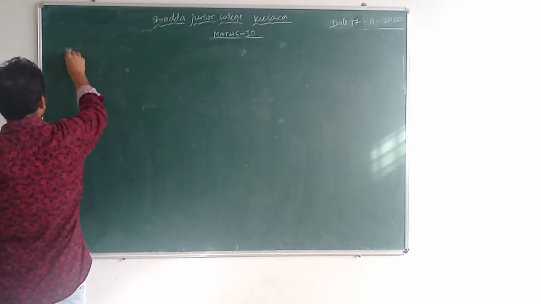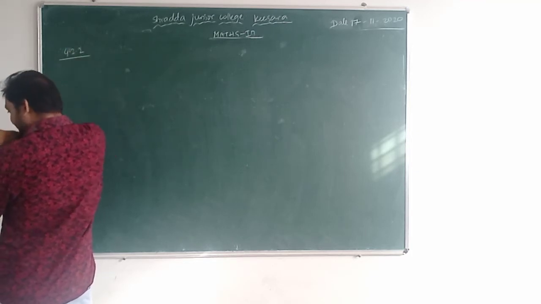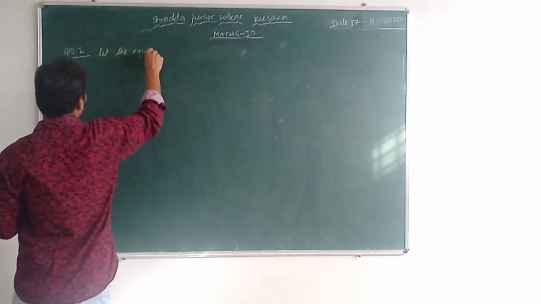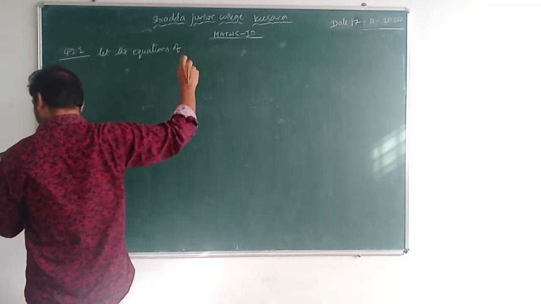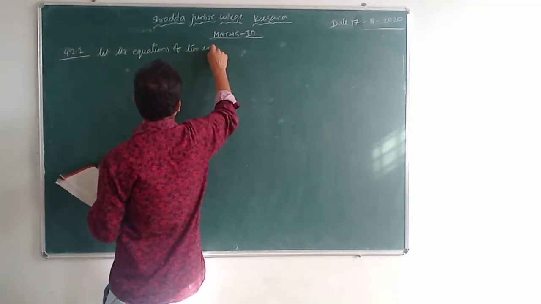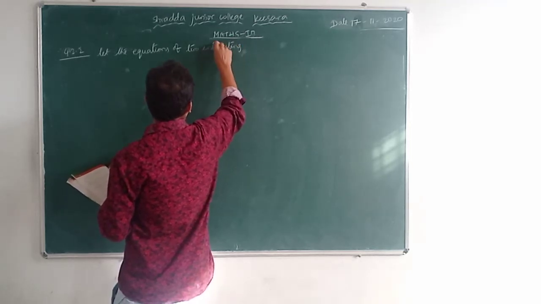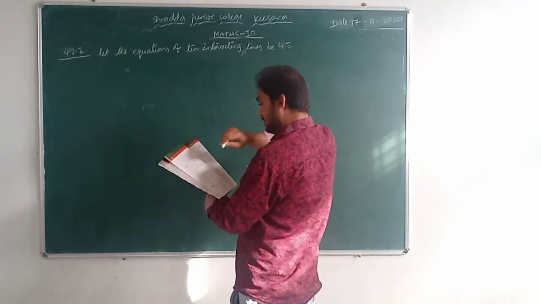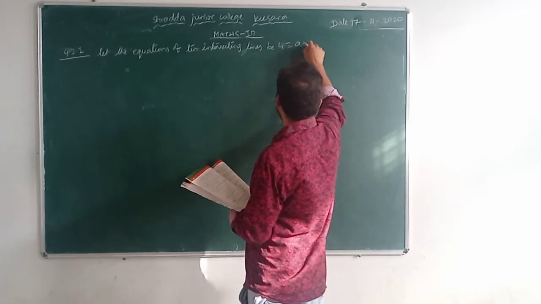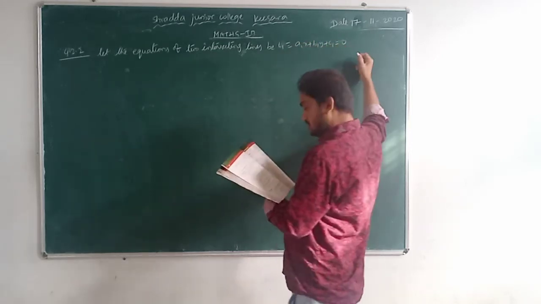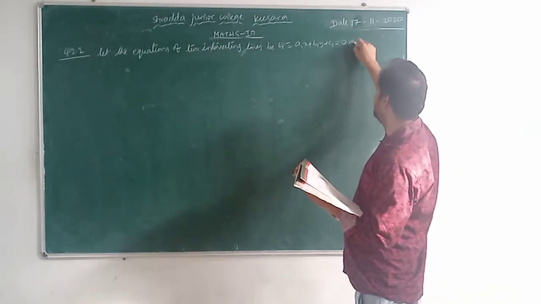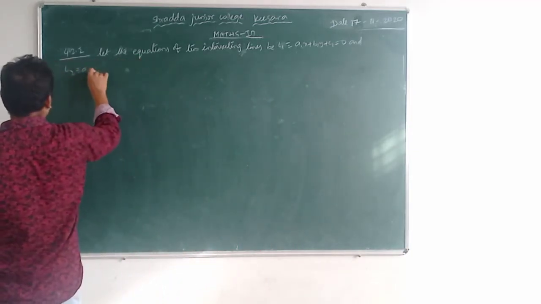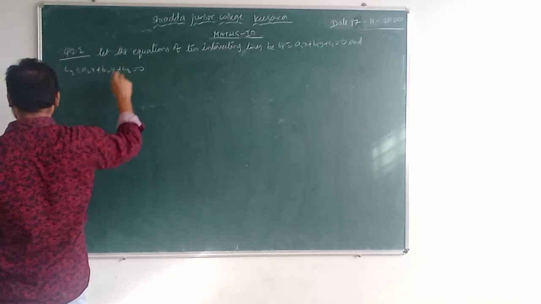Next theorem, that is 4.2.2. Let the equations of two intersecting lines be L1: A1x plus B1y plus C1 equals 0, and L2: A2x plus B2y plus C2 equals 0.